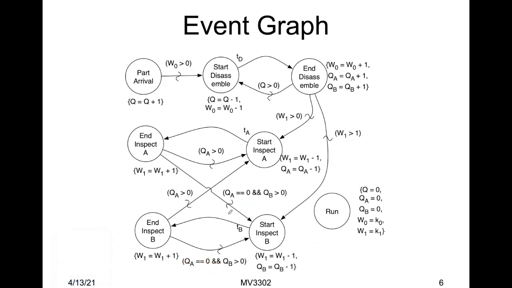So in other words, the worker can only inspect a B if there's no A available and there's a B available. And this condition will prevent them from doing both.